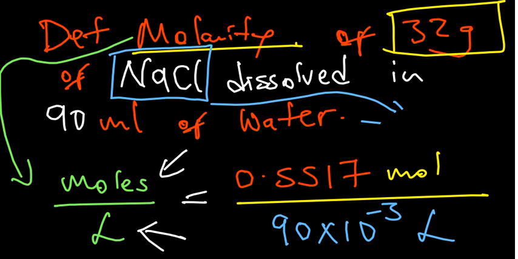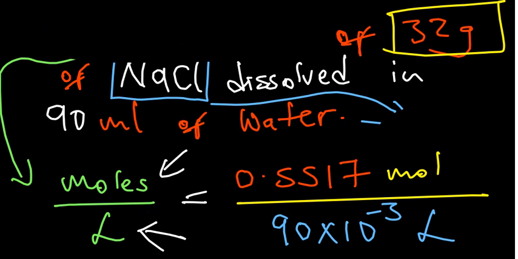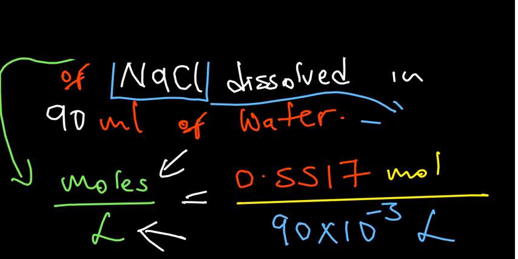Sir, I don't understand why you said milliliters and how we're getting the 90 times 10 to the power negative 3. Could you please repeat? What do you understand by milli? I want you to tell me what you understand.